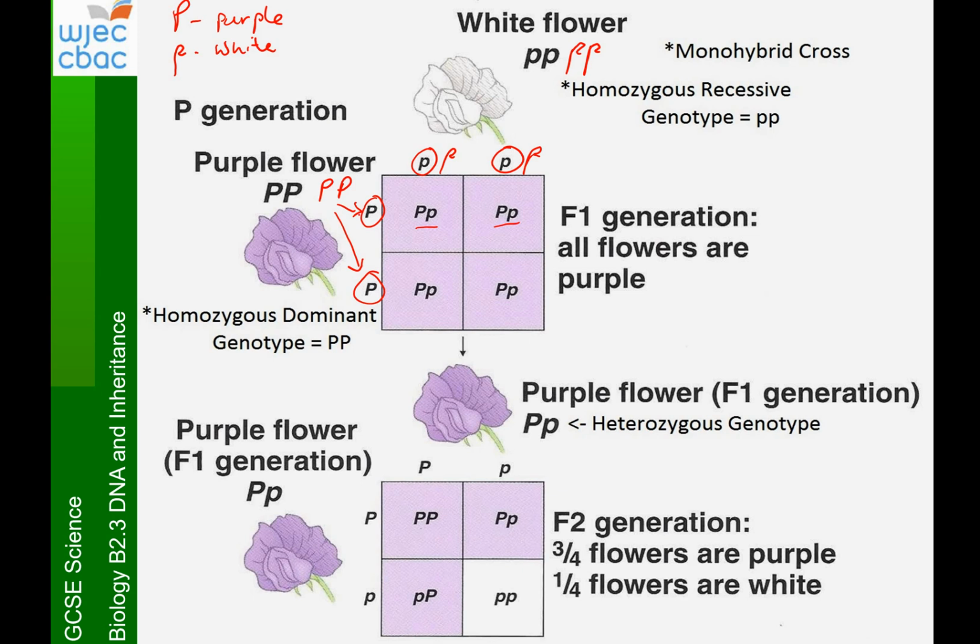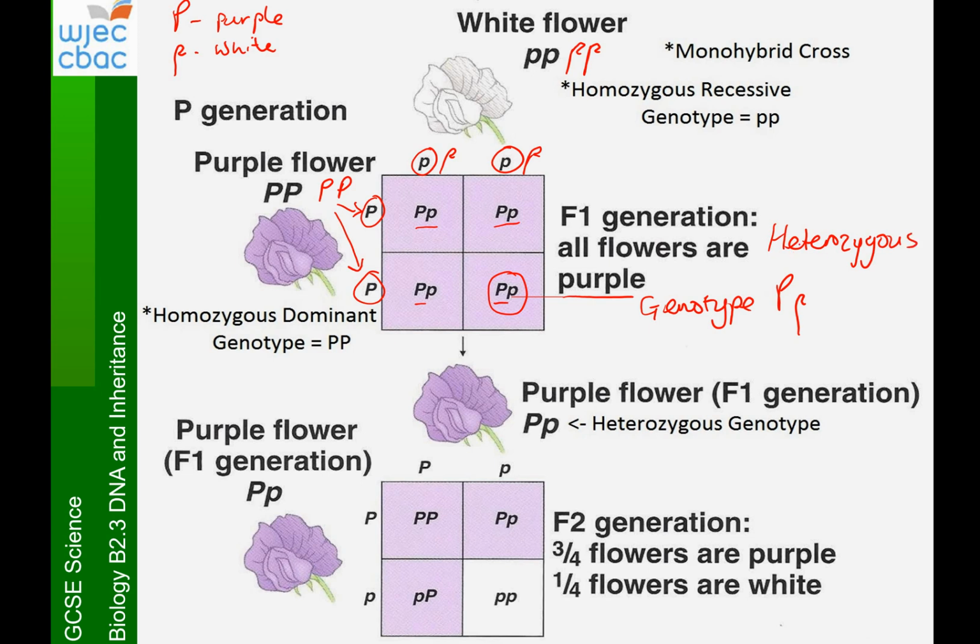And for each one, each pollen grain and each ovule joining together, they all have 1 of each different version of the allele. So we say that all of the F1 generation flowers were all purple, but a word we use to describe this thing here is their genotype. So the genotype is the combination of letters that they have. Because they have 1 of each, 1 large and 1 small, so 1 dominant, 1 recessive, we say that they are described as being heterozygous.